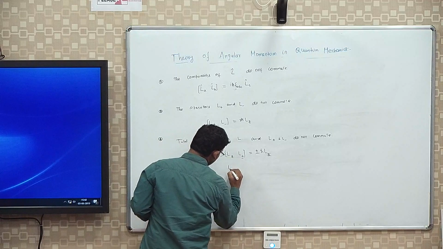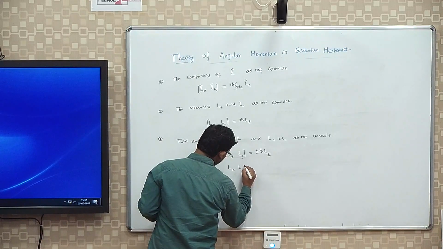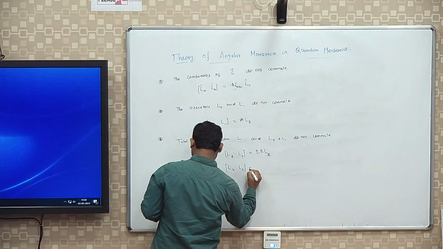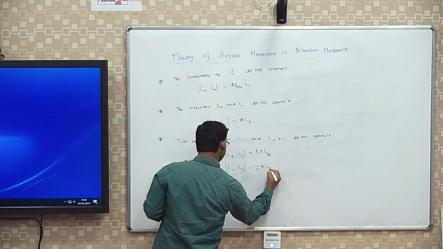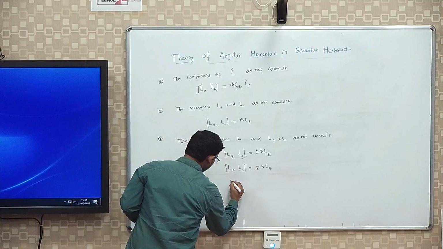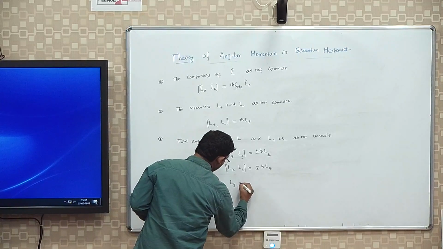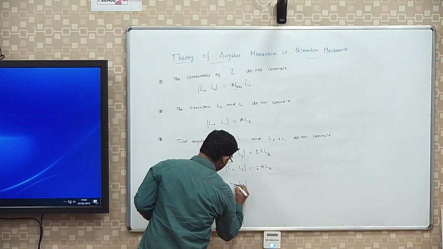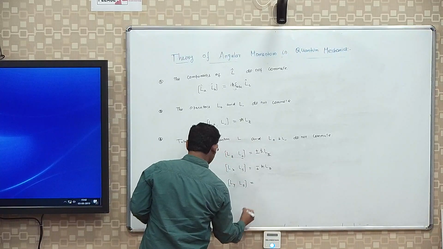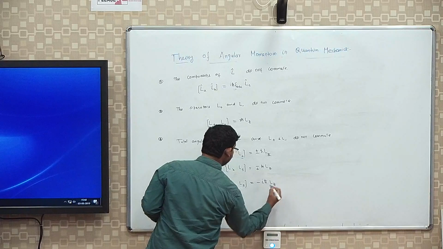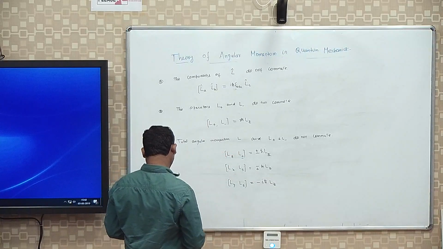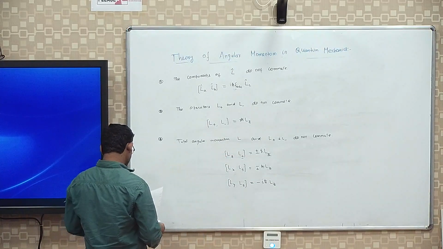Similarly, if you take Lx with L plus or minus, the answer will be minus or plus h cross Lz. If you take the y component commuting with the raising and lowering operator, the answer will be minus i h cross Lz.